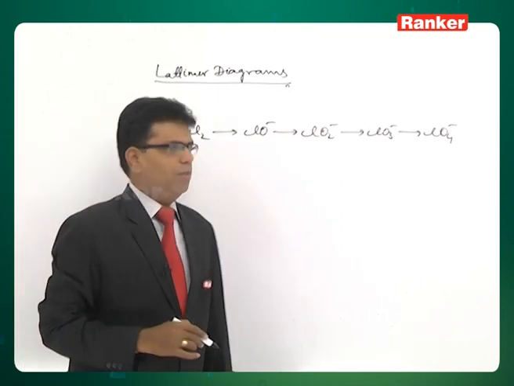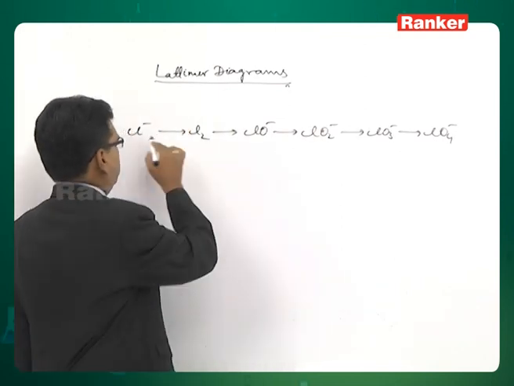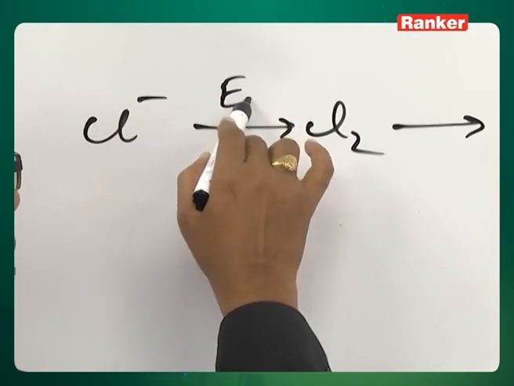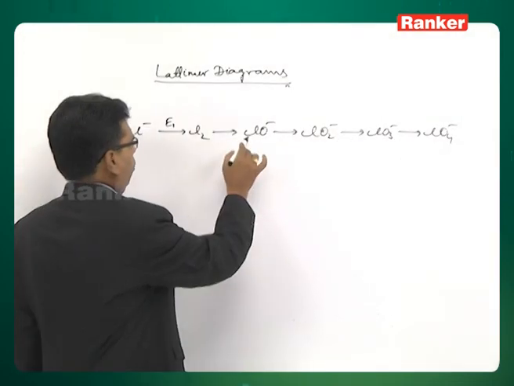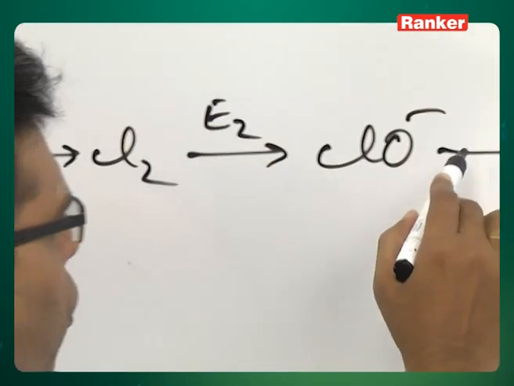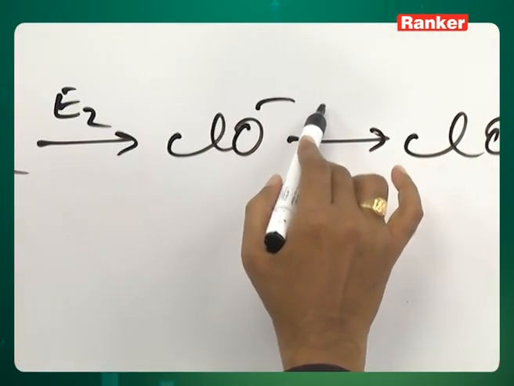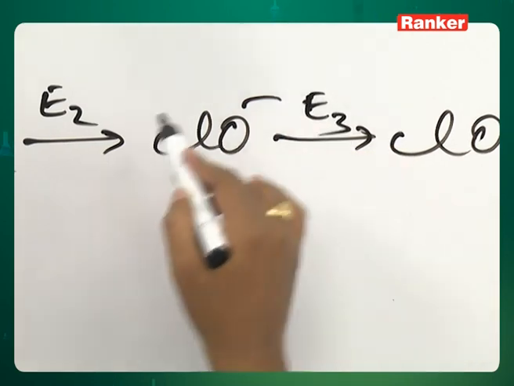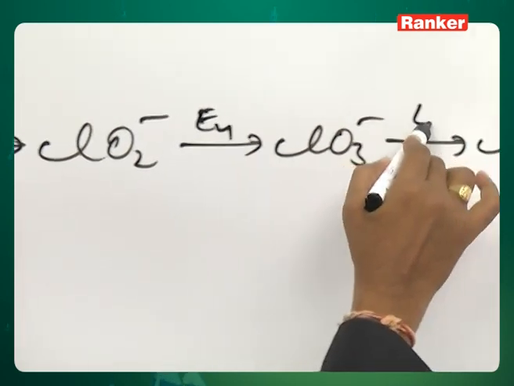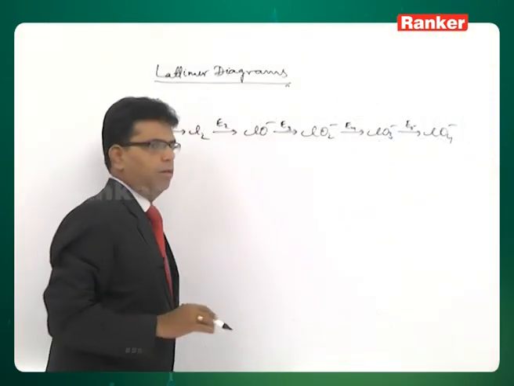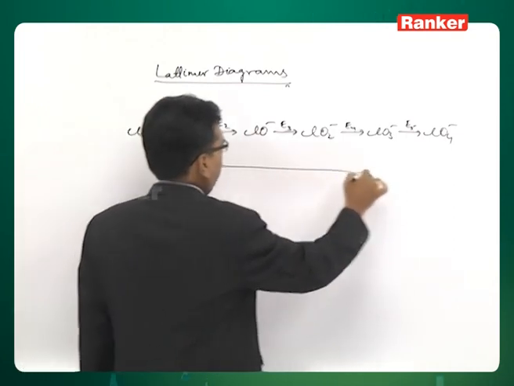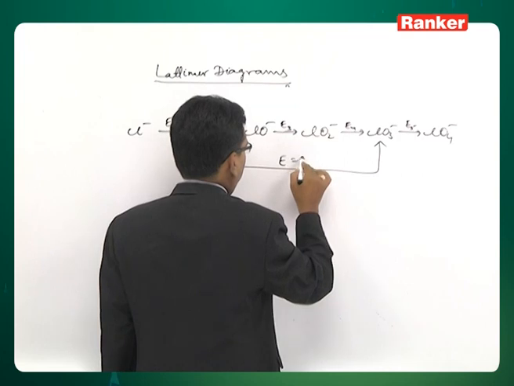When you see this sequence, suppose it is given that for the change chloride to chlorine, the EMF is E1, chlorine to hypochlorite E2, hypochlorite to chlorite E3, chlorite to chlorate E4, chlorate to perchlorate E5. These are the EMF values. Now, first we are asked to determine for Cl2 to ClO3 minus, what is the E.